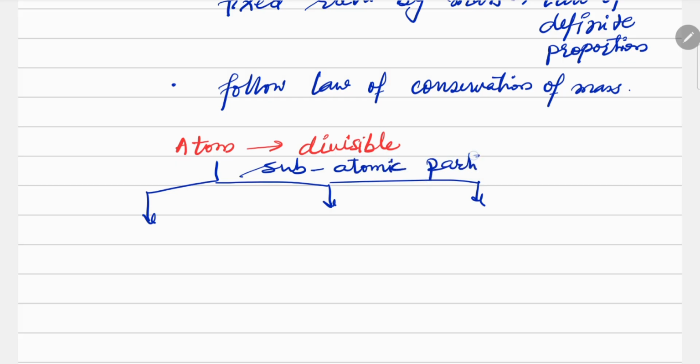The atom is made up of these subatomic particles, and the main three which we come across a lot are electrons, protons, and neutrons. We got to know about them from different reactions; it was not done in a theoretical way.